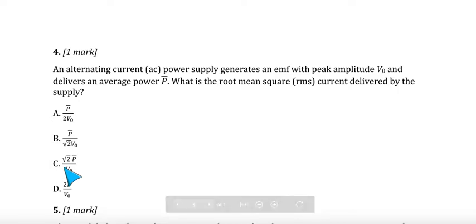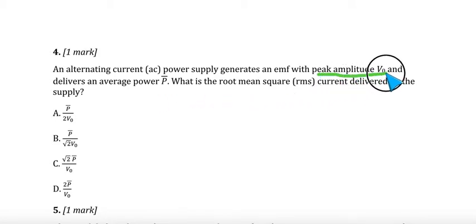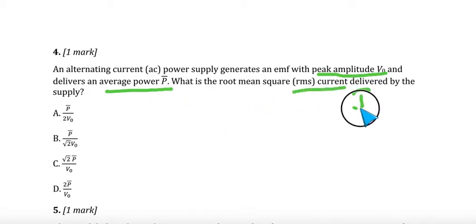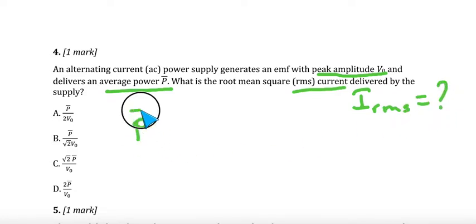Number 4 is asking, again relating to power, a peak value V0 delivers average power P. What is the RMS current? So we're looking for I RMS. Now we know the peak and the average power. I'm going to use the P equals VI version for the power.